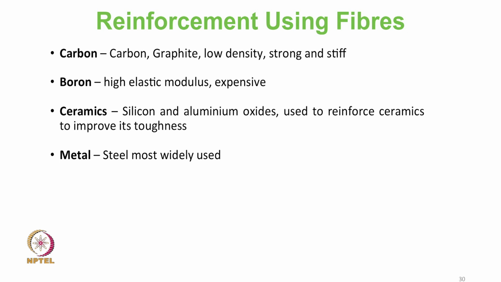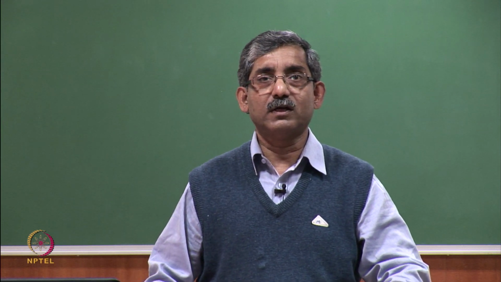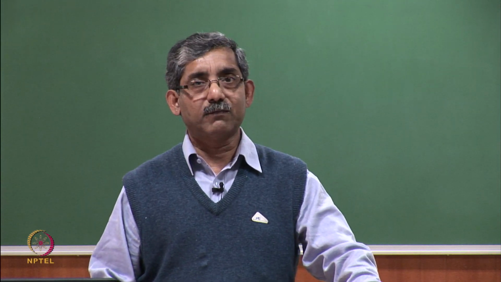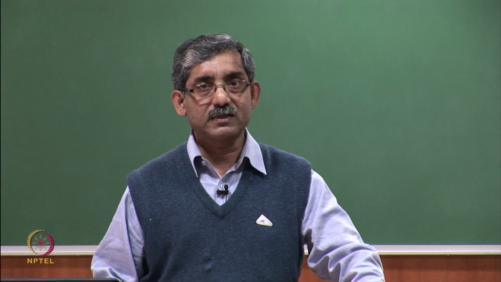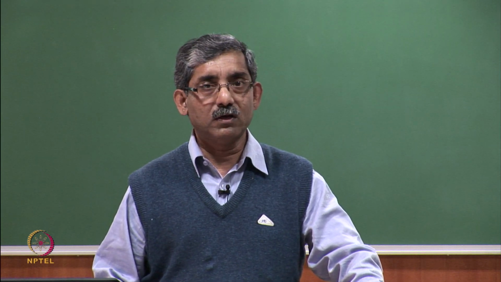Boron is also used, it has a very high elastic modulus, but the main problem of boron is that its cost is very high. That is why it is not used in general applications, but in very high end applications like aerospace components we can use boron.